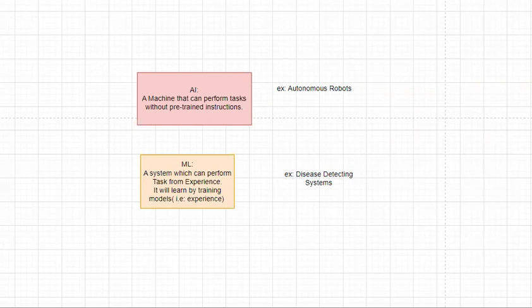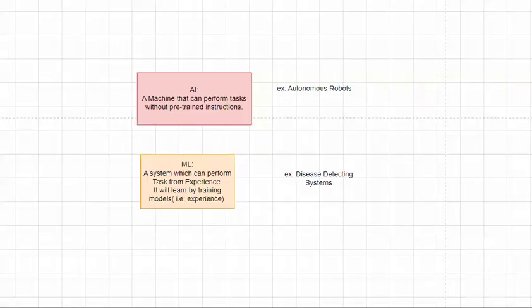Now let's have one more important question. How will this ML model or AI model analyze data? Let's say I provide you a photo, how will you identify it, or let's say I provided you a computational task, then how do you solve it? Based on your thinking only, right?